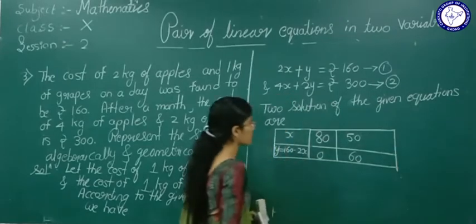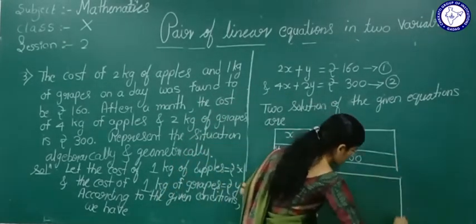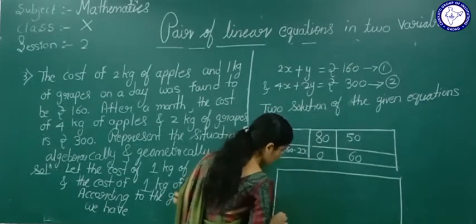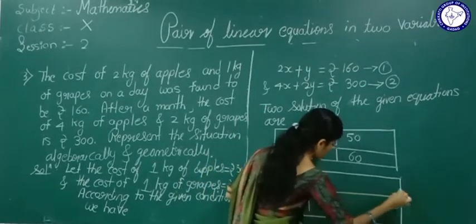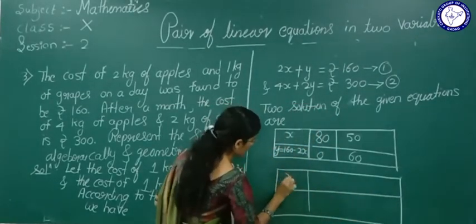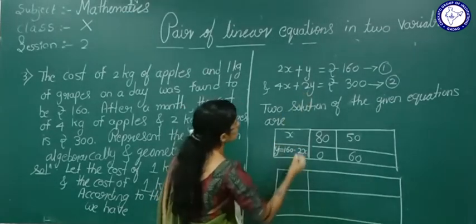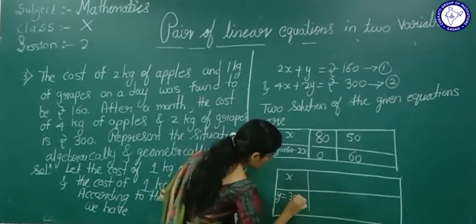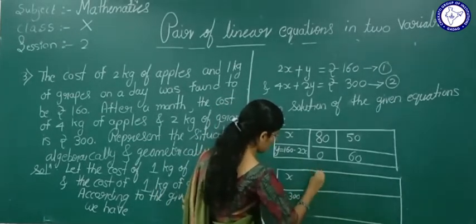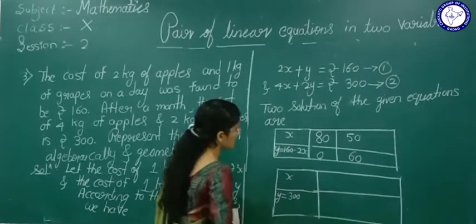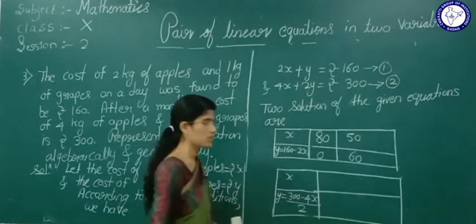In the same way, we will find out the solution of equation number 2. Okay, what will we get for y from this equation? y is equal to 300 minus 4x, divided by 2.